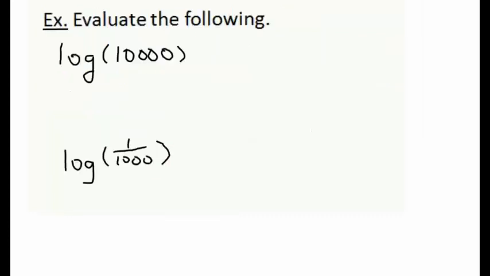Just so you can see a couple examples of the common logarithm, let's evaluate the following two expressions. First one, log of 10,000. We can rewrite this as log of 10 to the power of 4.